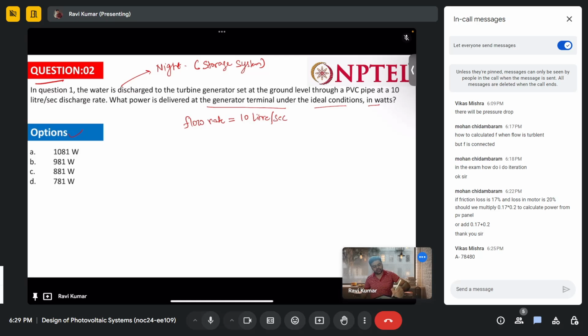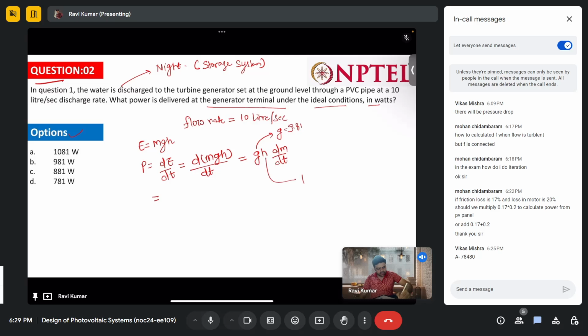So it is asking, our energy was mgh energy. So power will be dE by dt. If I do d(mgh) divided by dt, g will be constant, h will be constant, so we can say gh dm by dt. dm by dt is the flow. This is gravity g, that is 9.81.